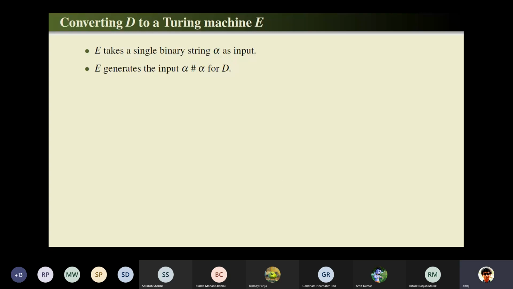Maybe on some tape, it has the description of D, and the input is alpha hash alpha, and it will keep on simulating D on the string alpha hash alpha. But D is a decider. So whatever input it is fed, it will say loop or halt in a finite amount of time.